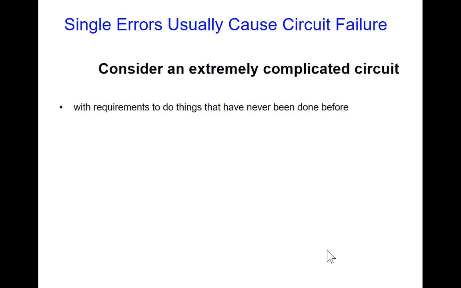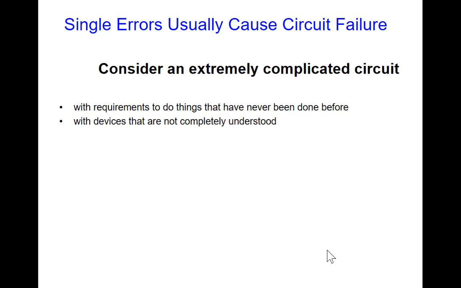So let's consider an extremely complicated circuit. By the way, these circuits are much more complicated than the circuits you worked on in 201 and 230, with the requirement to do things that have never been done before. So you're trying to build a circuit that performs in a way that nobody's ever been able to make it perform before, with devices that are not completely understood. We have new transistors, and we don't have the model quite perfect yet.